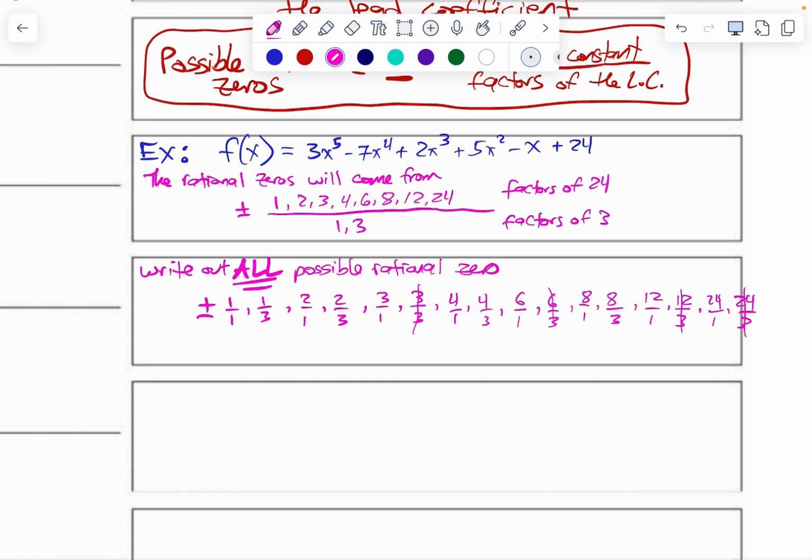Tonight on the sheets, I want you to just list the possible roots. Don't do any factoring yet. Just use the rational root here and list the possible roots. I'll tell you which ones to do.